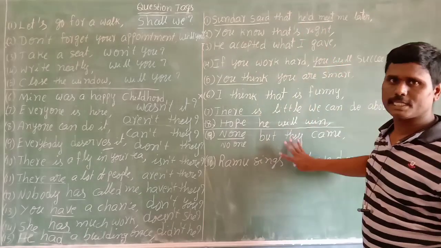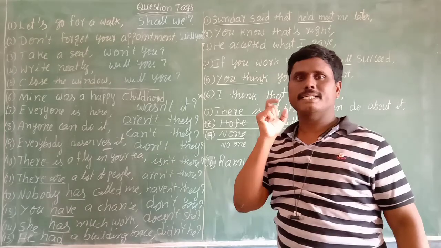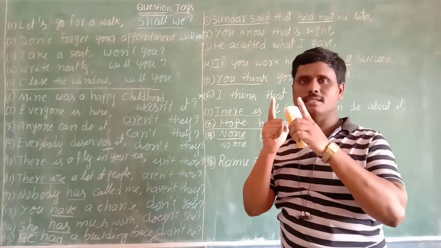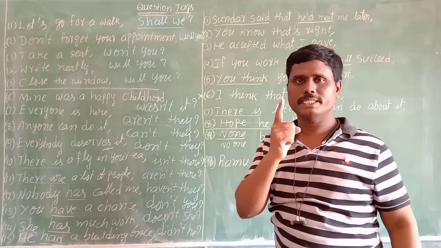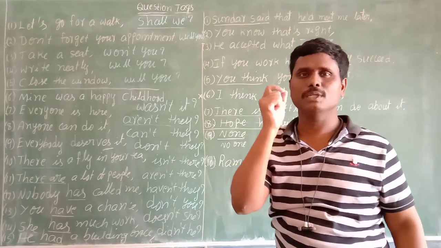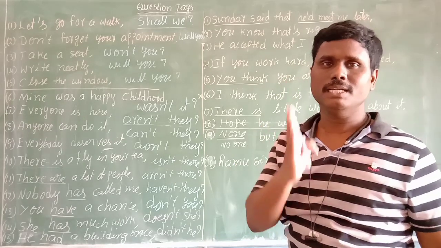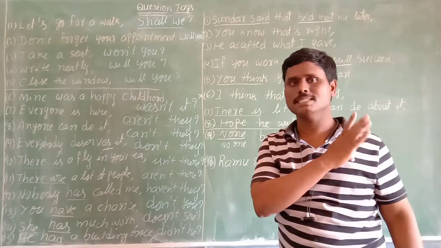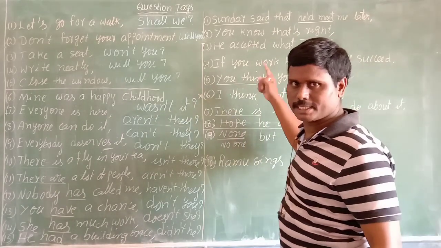Complex sentences and compound sentences. Now see, friends, complex sentence means one main clause and one subordinate clause. Friends, question tag is applicable only to main clause. Only main clause, not to the subordinate clause. But we have one exception. I shall explain later.